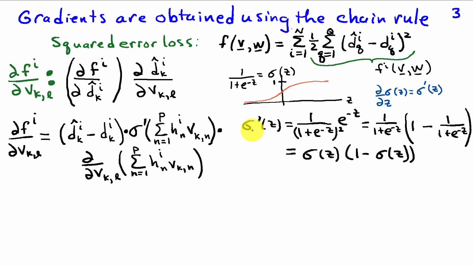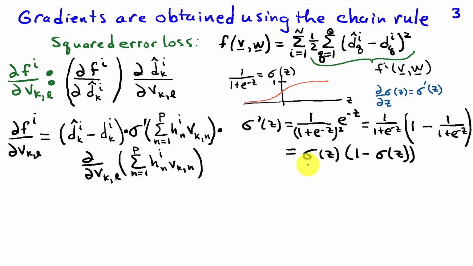So we can take the derivative of this function, and we have 1 over (1 plus e to the minus z) squared times e to the minus z, and we can rewrite that as 1 over 1 plus e to the minus z times the quantity 1 minus 1 over 1 plus e to the minus z. The reason we're factoring it this way is because that leads us to a really simple form of sigma of z times 1 minus sigma of z.